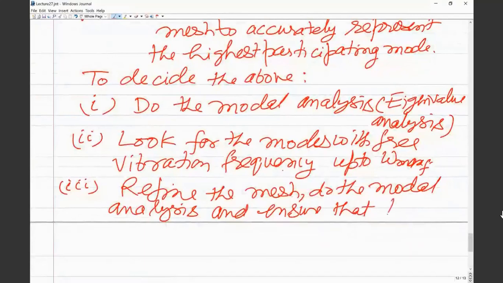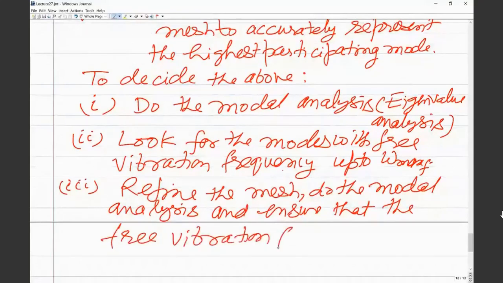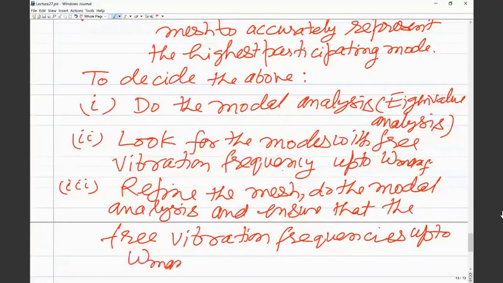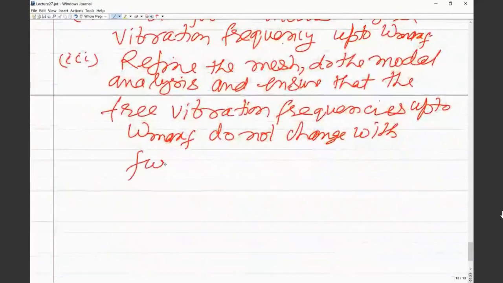the free vibration frequencies up to omega max F do not change with further mesh refinement.